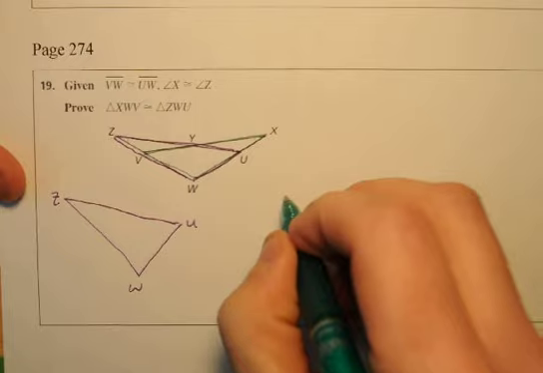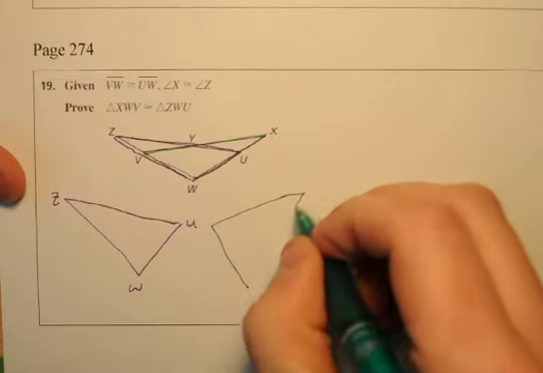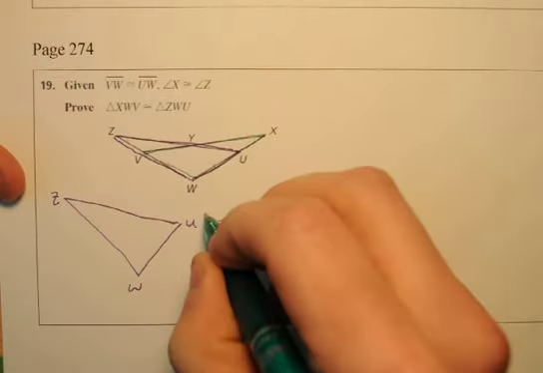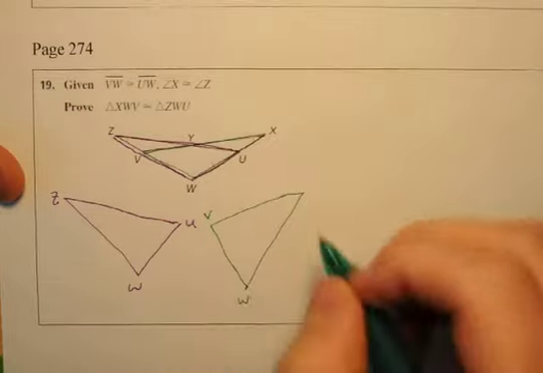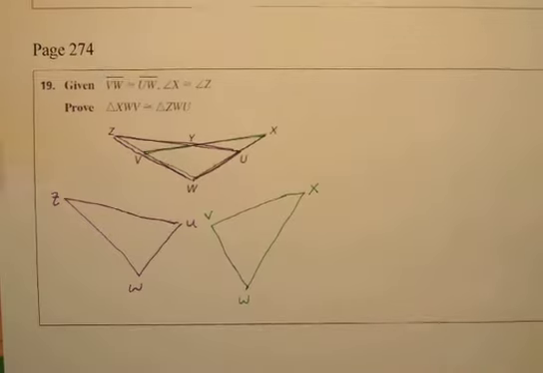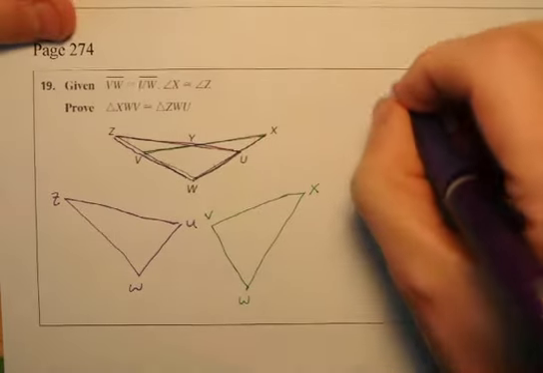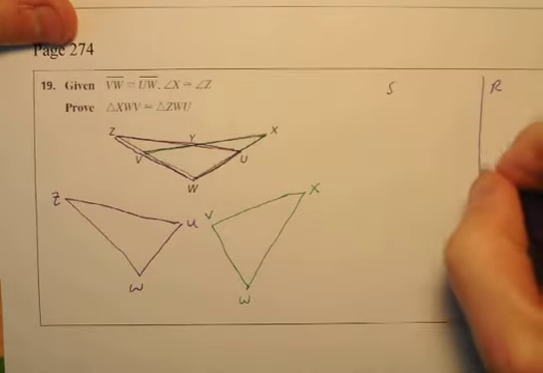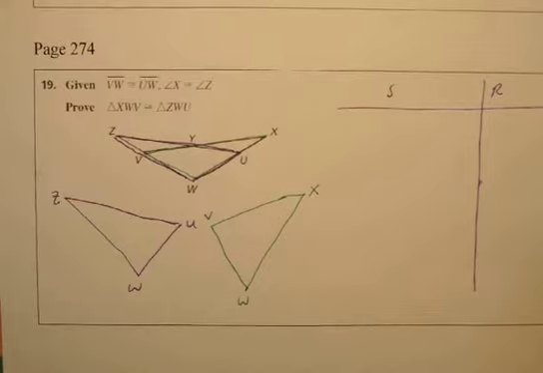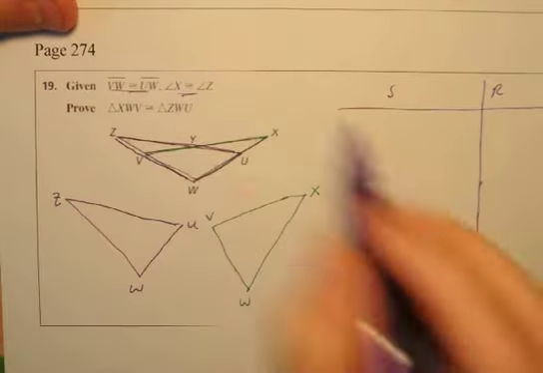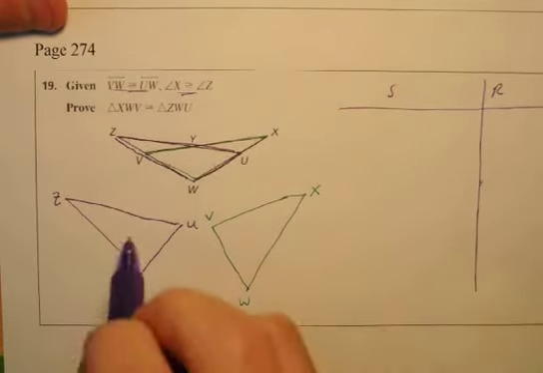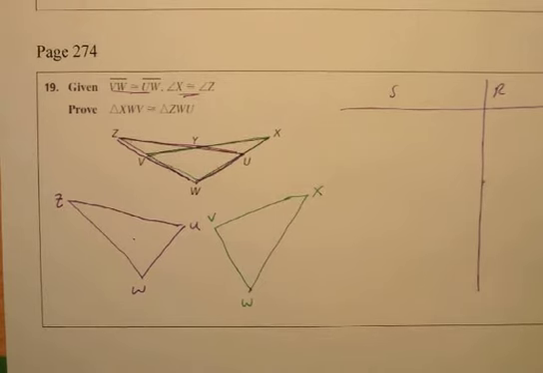I'm going to separate that one out. That is triangle VWX. Alright, it's odd, so we'll do a 2-column proof, statements and reasons. They give us quite a bit of info just starting off there. Is this triangle the same as this triangle? That's the question.